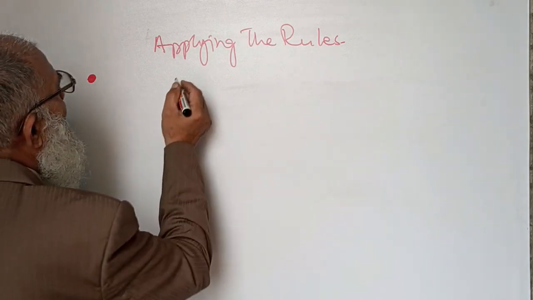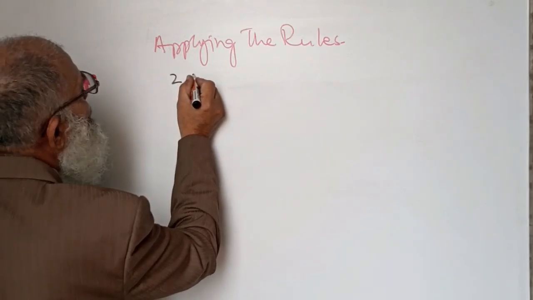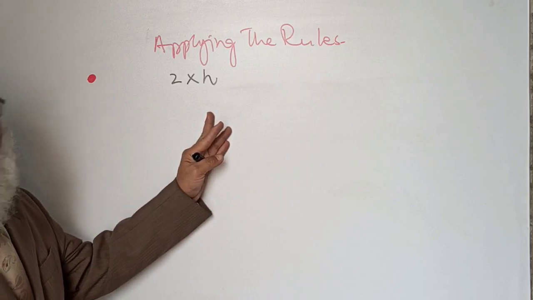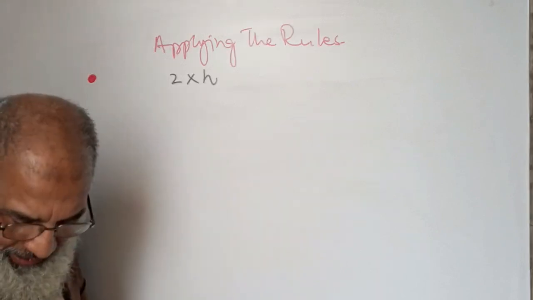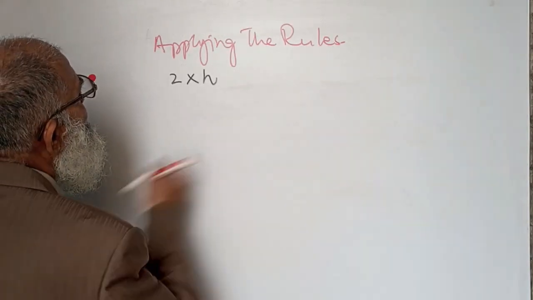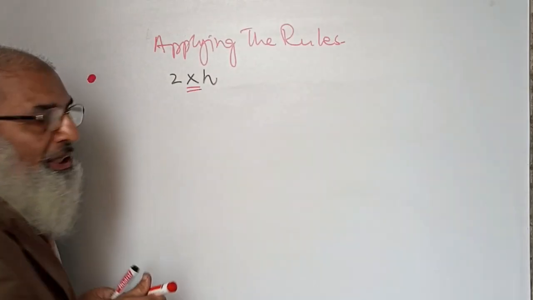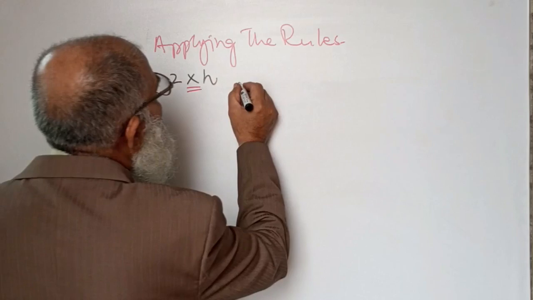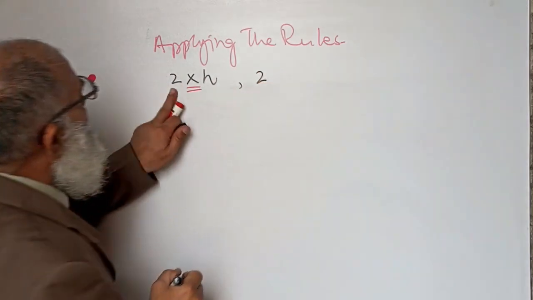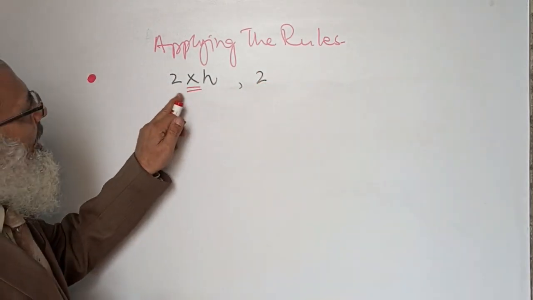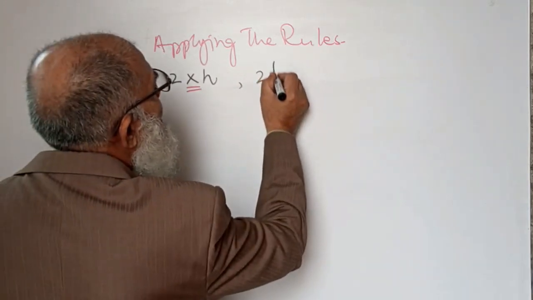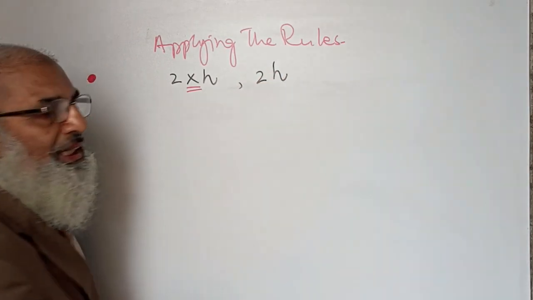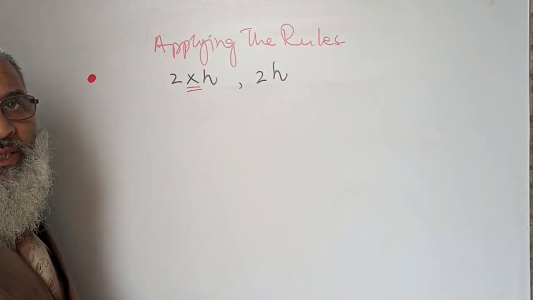Now I just told you that 2 multiplied by x, we will have to omit this multiplication sign, because when two things are written consecutively, 2 and then h, it means that there is a multiplication sign in between them.